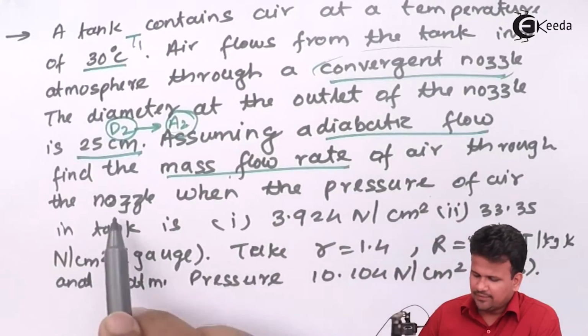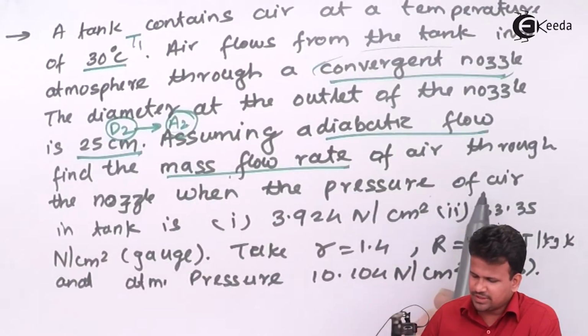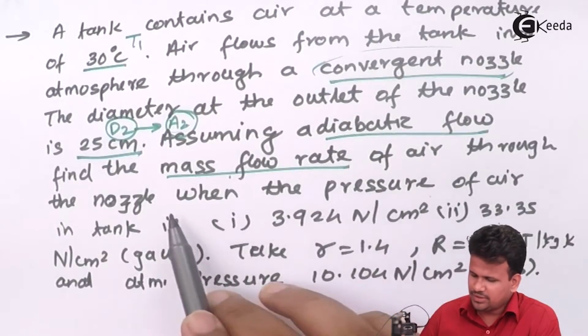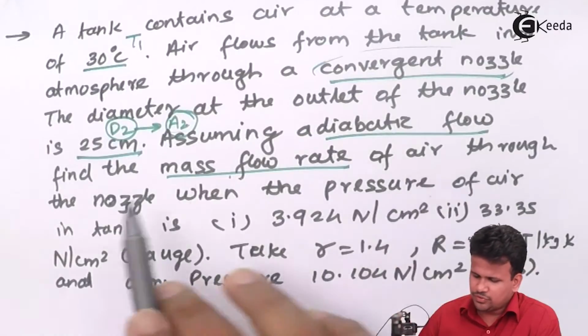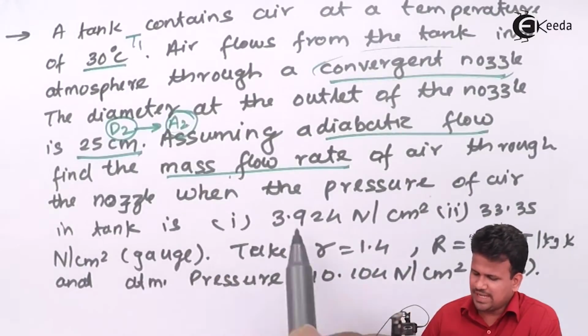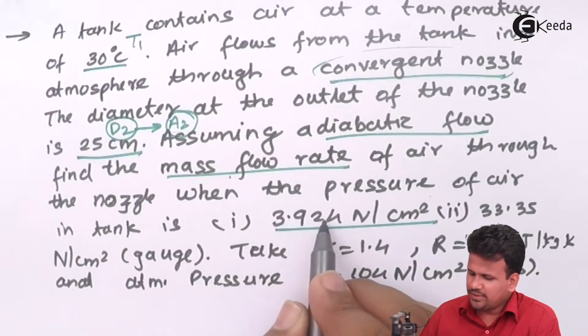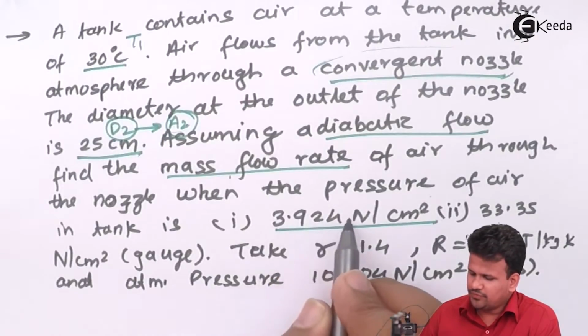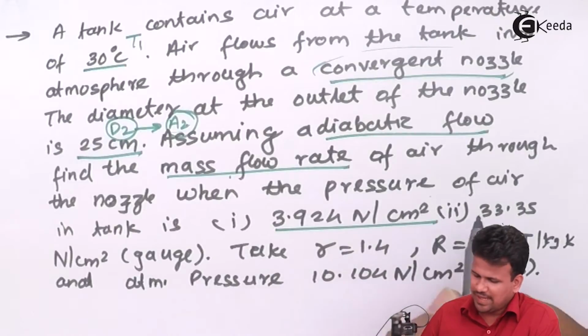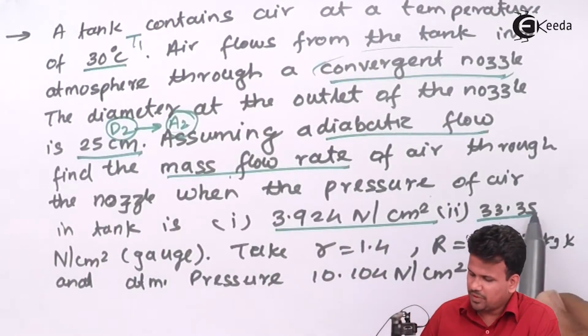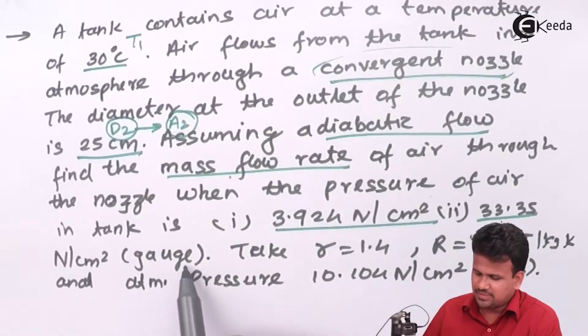When the pressure in the tank is given to us as 3.924 Newton per centimeter square and 33.35 Newton per centimeter square.